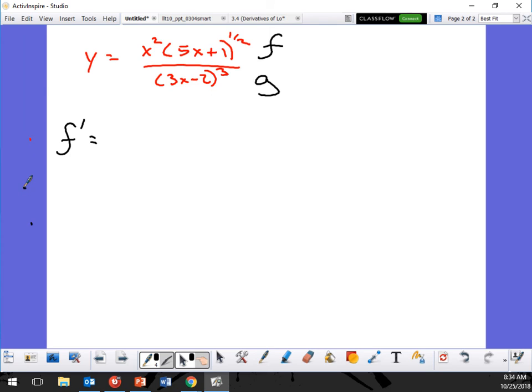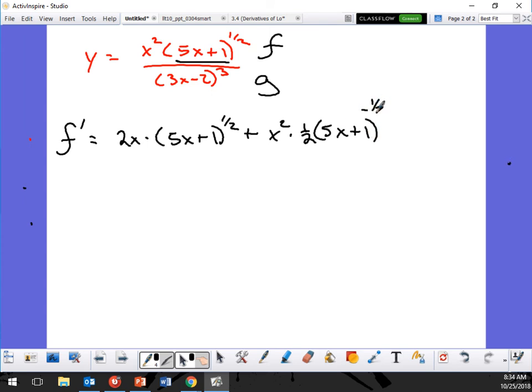In this case, it's going to be 2x times (5x plus 1) to the 1/2, plus x squared times the derivative of this piece right here. So it's going to be 1/2 (5x plus 1) to the negative 1/2, times the derivative of the inside, which would be 5, right?